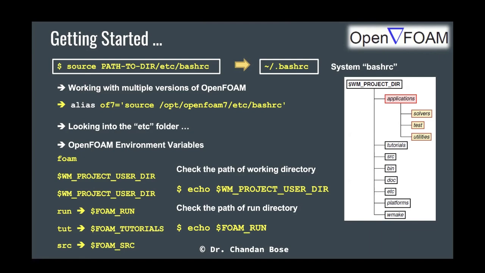You can give this environment variable, for example, $WM_PROJECT_USER_DIR, and you can echo it. It will give you the path of the directory on your operating system or on your machine. Similarly, if you do $FOAM_RUN, it will give you the path where your run folder is located.